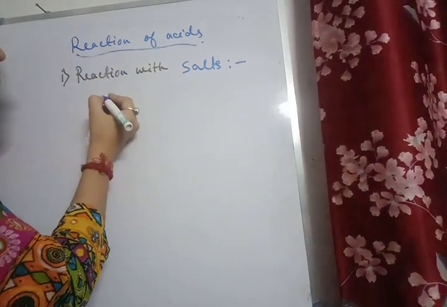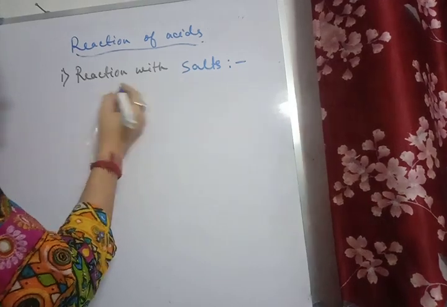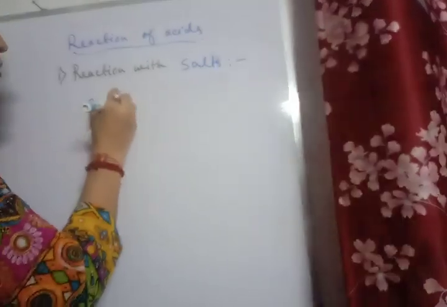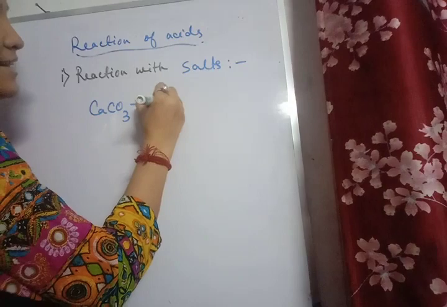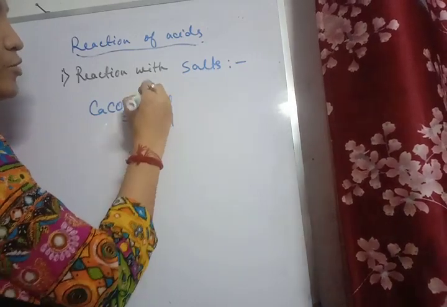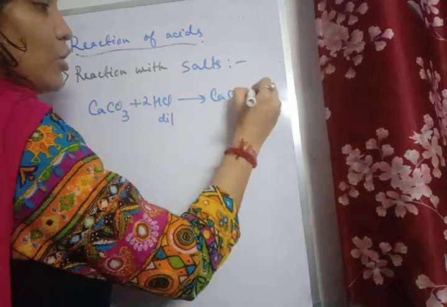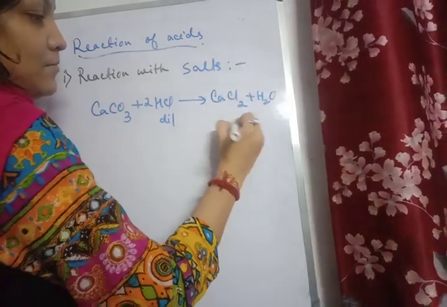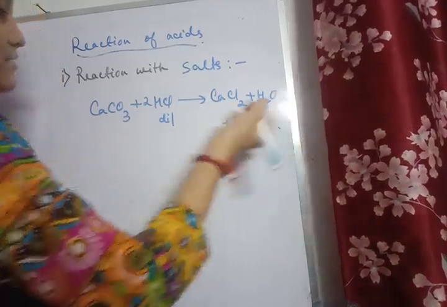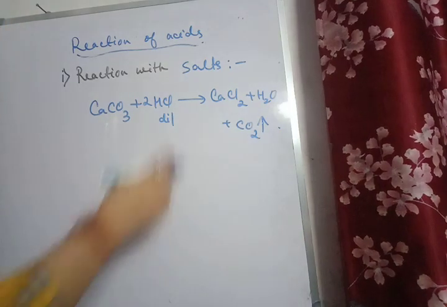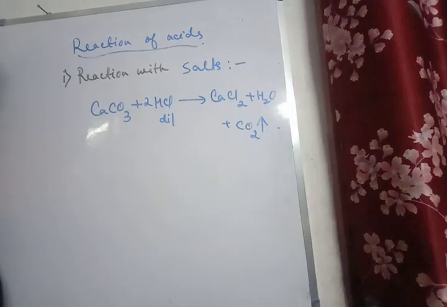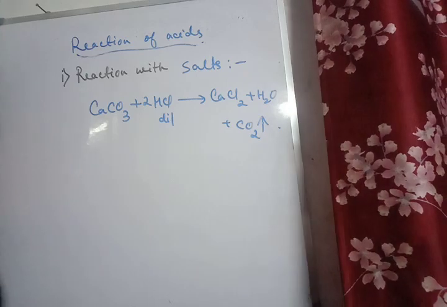Now example of carbonates: if I take calcium carbonate plus dilute hydrochloric acid, the contents are heated and we get salt, water and carbon dioxide gas. Okay, now calcium chloride salt is water soluble, so the reaction proceeds to the right.